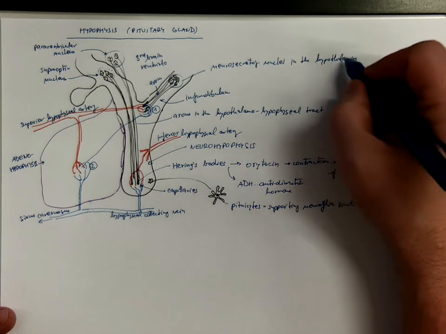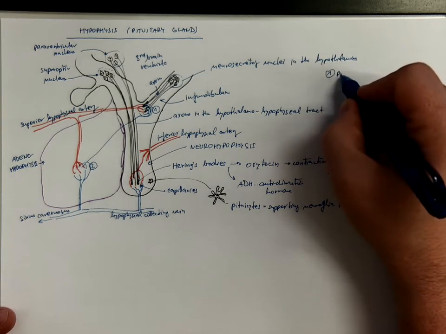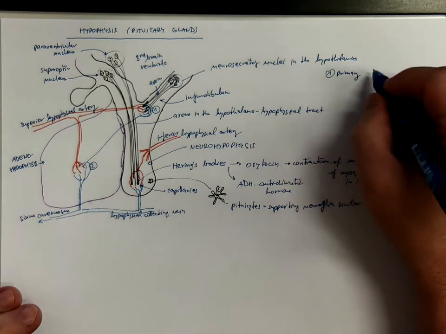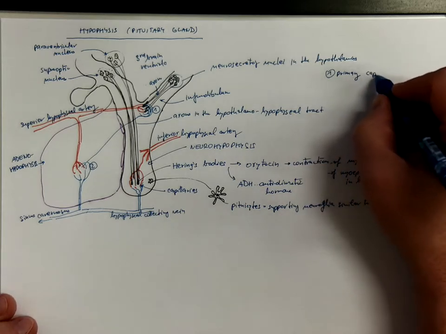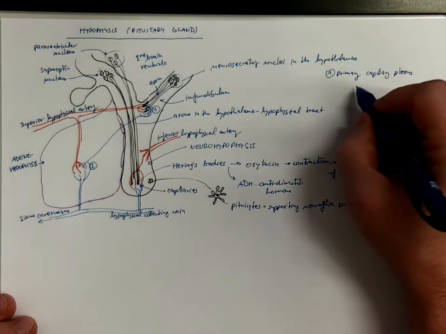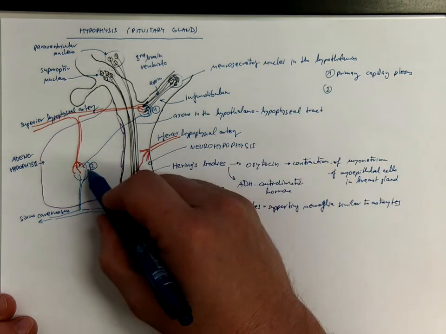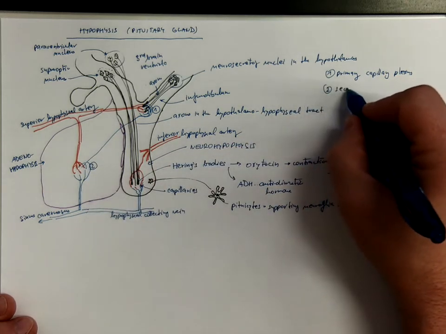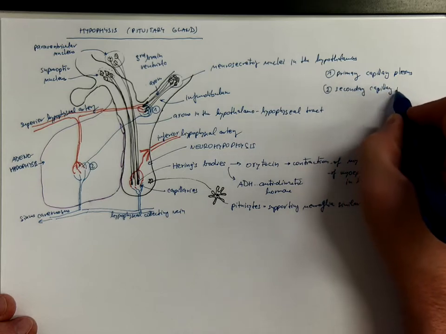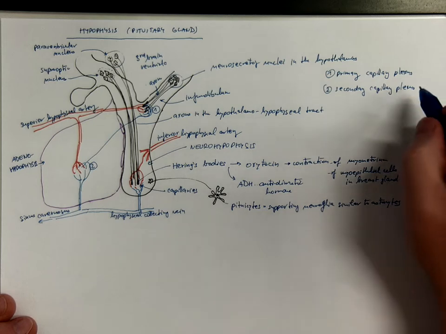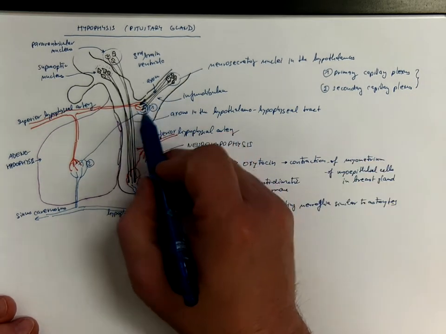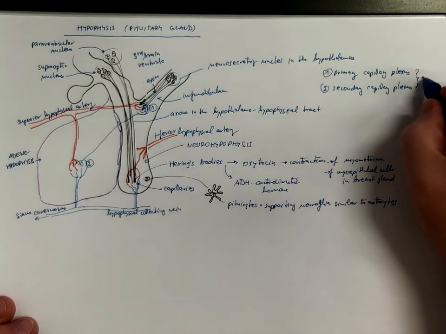So 1 is the primary capillary plexus. Two is a secondary capillary plexus, and both plexuses together form the hypothalamo-hypophyseal portal system.